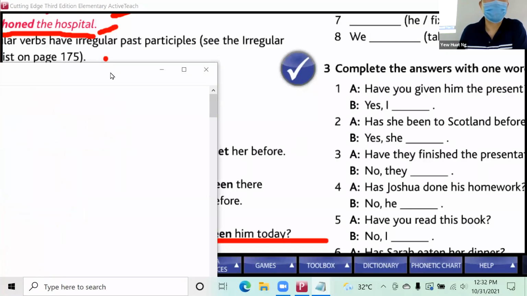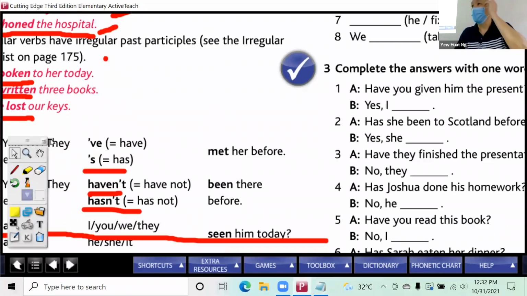Okay, welcome back. So up to now, how's the present perfect going? Easy. Are you able to use this? I mean, we are just talking about the grammar, but how do you use this in your daily life?